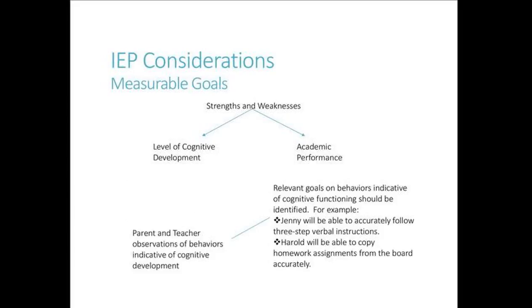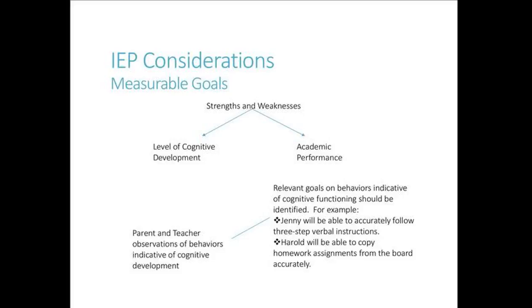So we can also set measurable goals, not just on performance on the cognitive assessment, but also in those areas of easily observable behaviors that are indicative of cognitive development. We also want to think a little bit differently, perhaps, about goals on the academic side. Very often in an IEP situation, goals are incremental. They're about progress.